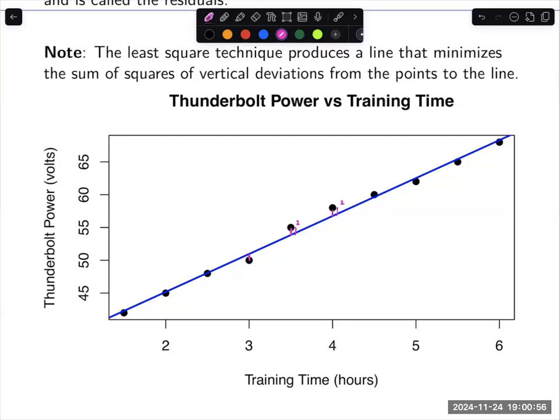And this line is y hat equal to beta 0 hat plus beta 1 hat x. So this blue line is the least squares fitted line for the data, which can be used to predict thunderbolt power using the training time.